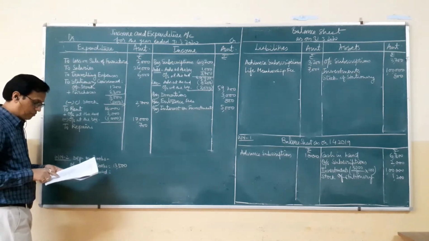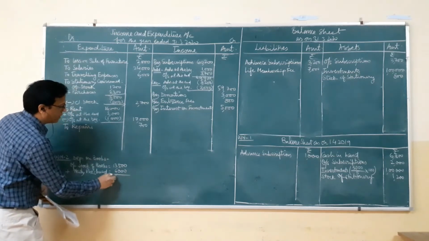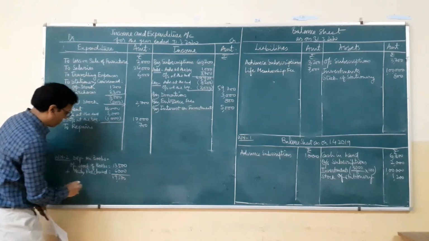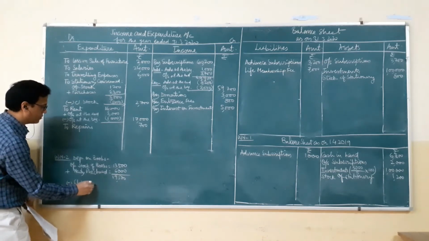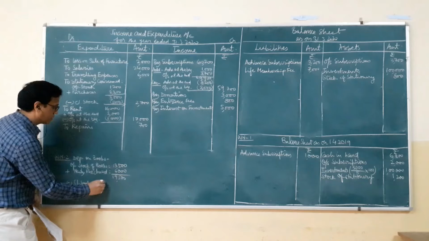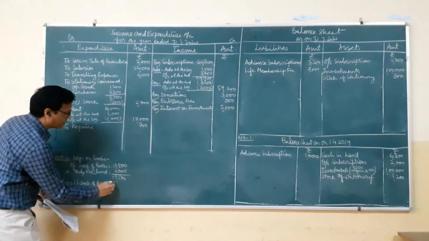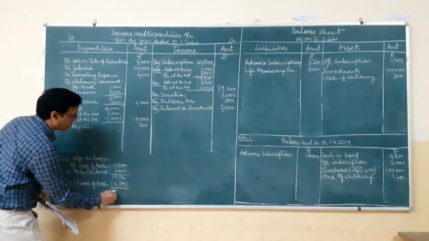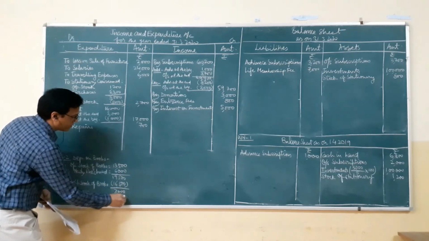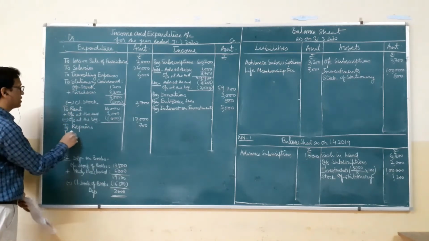In the payment side you can see books purchased 6,000. So total books are 19,500 minus closing stock of books. Books left with us are 16,500. It means 3,000 is our depreciation on books. So that we write here, depreciation on books.